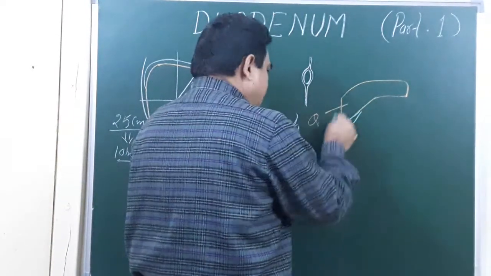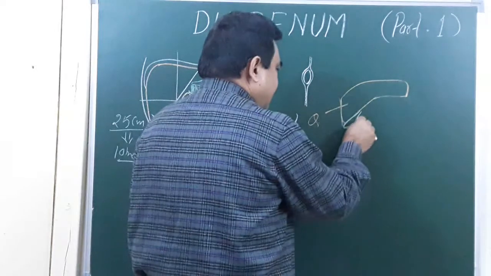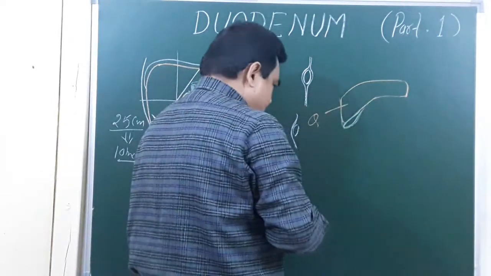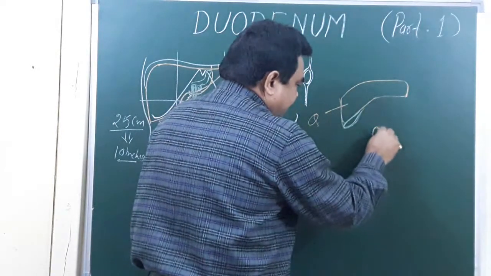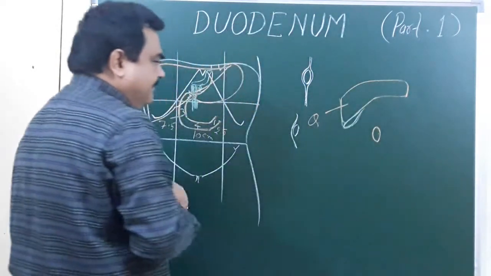This is the covering of the peritoneum, and this is the position of the first part of the duodenum.